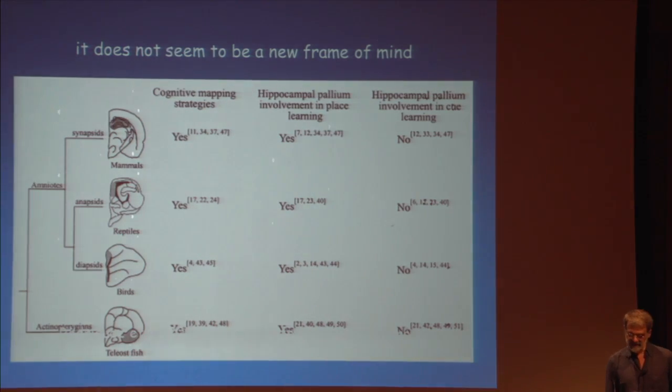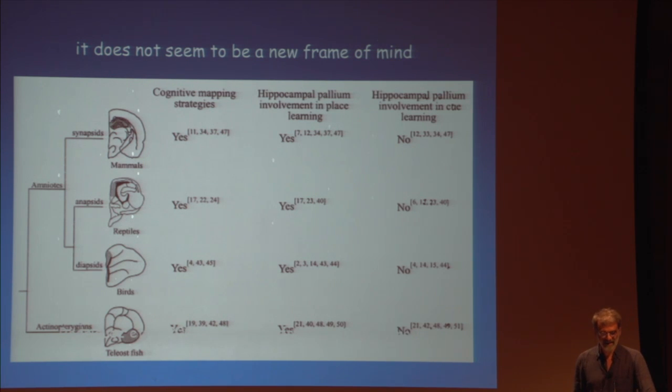And this idea derives strong support from this beautiful and not very well-known set of experiments by a group in Spain, where they have extended one of the classic experiments of hippocampal science, testing spatial memory in a water maze, to a number of non-mammalian species, including reptiles, birds, but even fish.